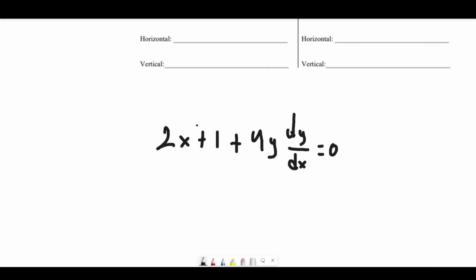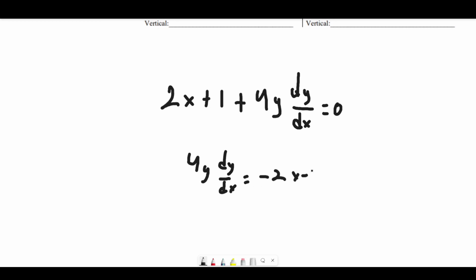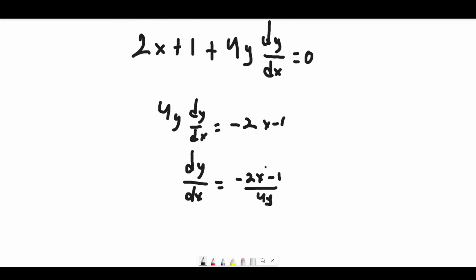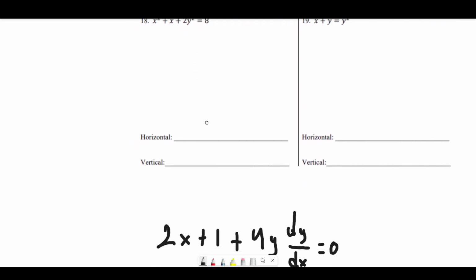Then I'm going to subtract the 2x and the 1, and we will get 4y dy over dx equals negative 2x minus 1. Now I'm going to divide both sides by 4y, where dy over dx equals negative 2x minus 1 over 4y.